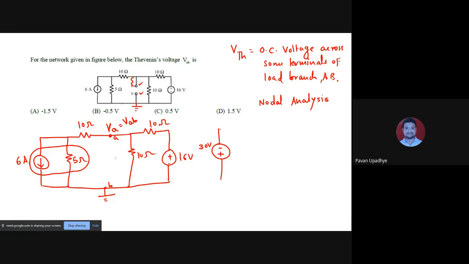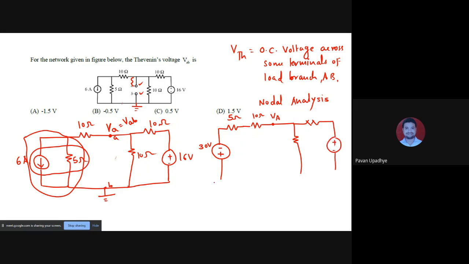And the 5 ohm comes into series, so 5 ohm should come over here. So instead of these two branches, we have a new branch appearing over here. And ahead of it, everything should remain as it was. So this was 10 ohm. This is where you have got VA, and this is what it was.